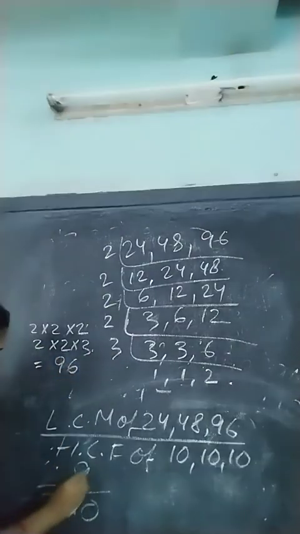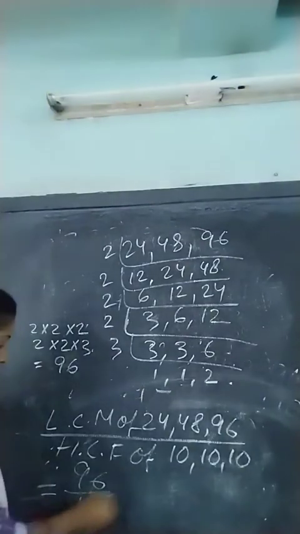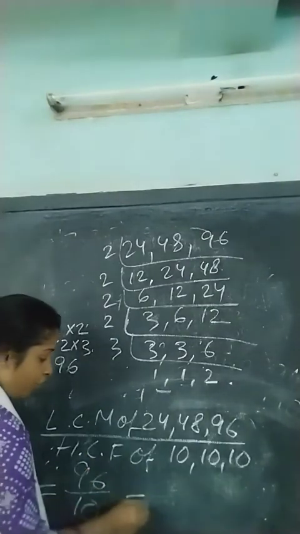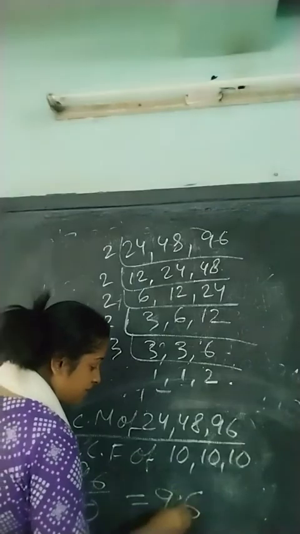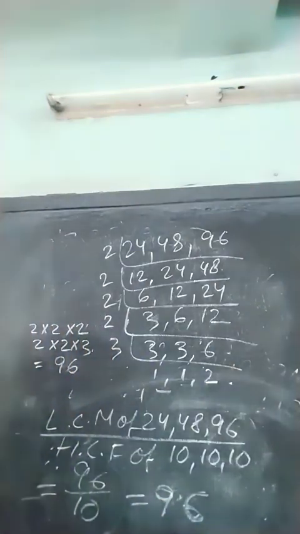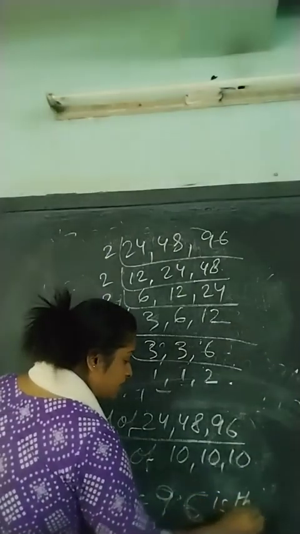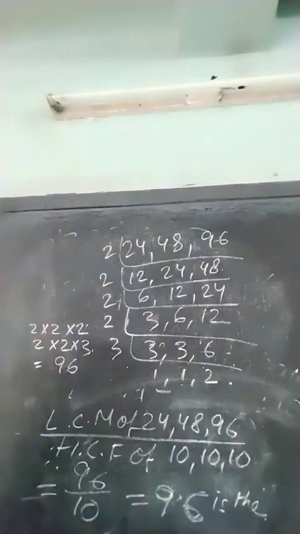So we are getting 96 by 10 as the answer. Since the question was given in decimals, you can convert the answer into a decimal and write that 9.6 is the required least number.